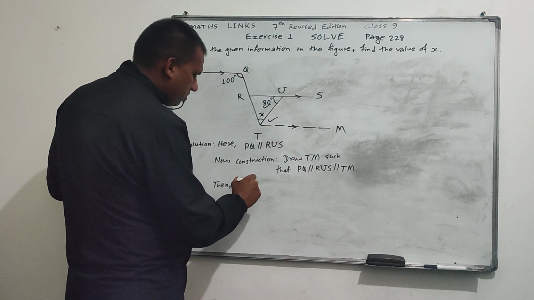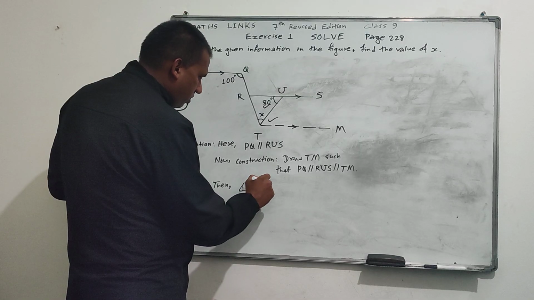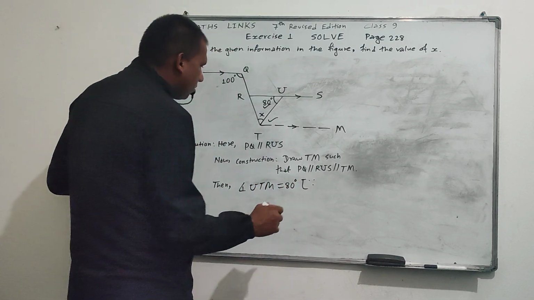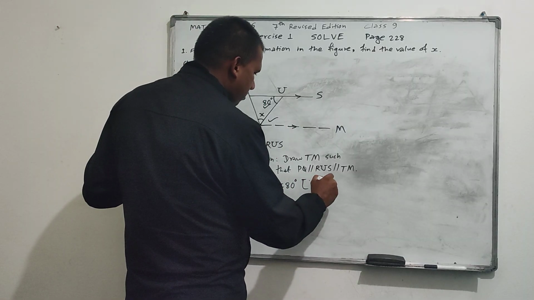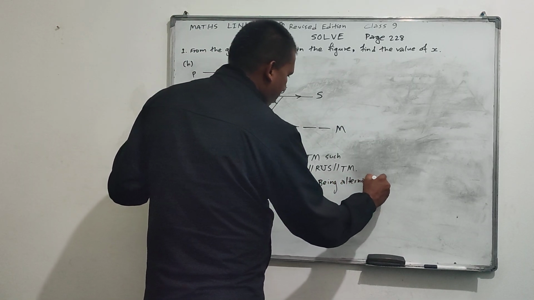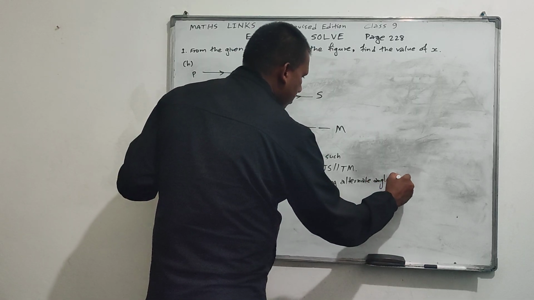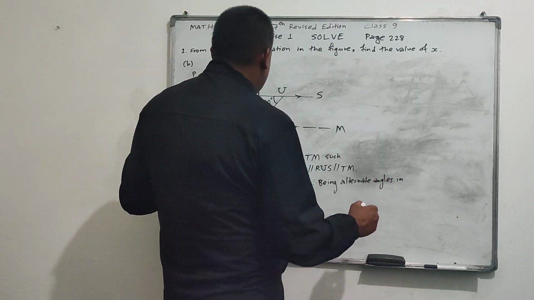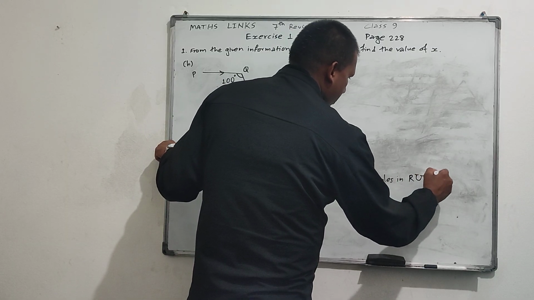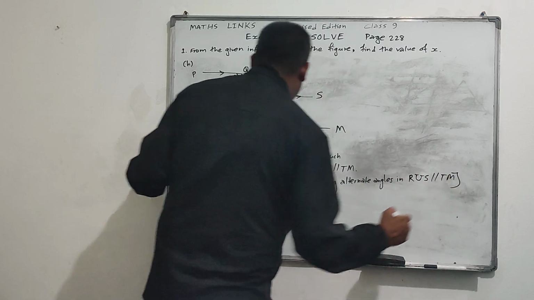Angle UTM equals 80 degrees, being alternate angles in RUS parallel TM.